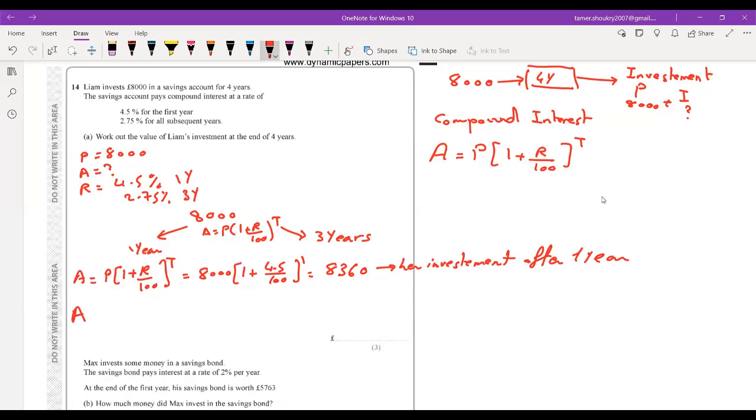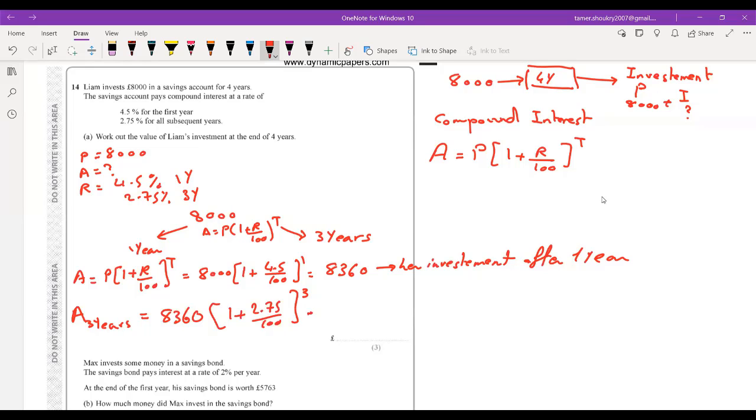For the remaining 3 years, we are going to use the same law of compound interest, but the principal is going to change. Instead of 8,000, it is going to be 8,360. 8,360 is the principal for the new period, the remaining 3 years, multiplied by 1 plus R, which is 2.75 over 100, and time is 3 years.